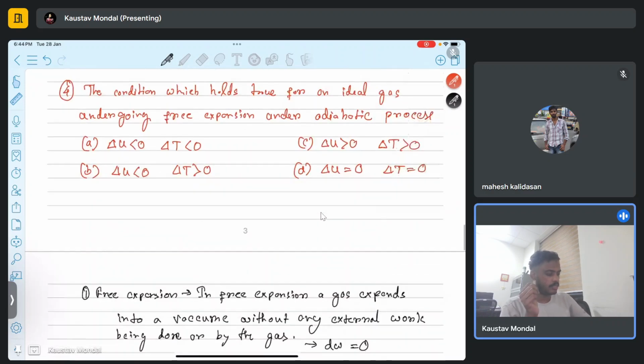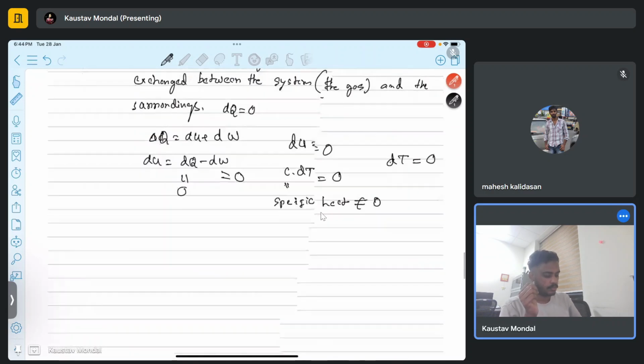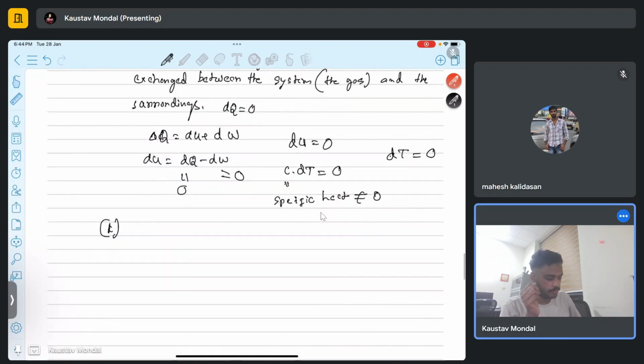So option D will be the correct answer, where dT is 0 and dU is also 0. So this is the answer for this problem.